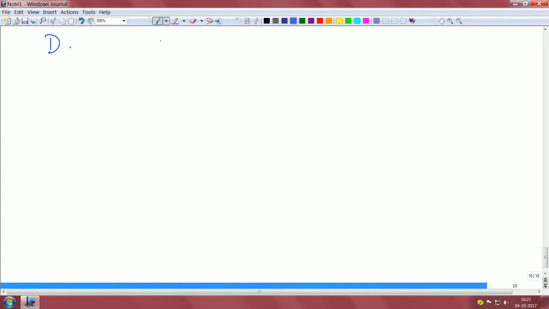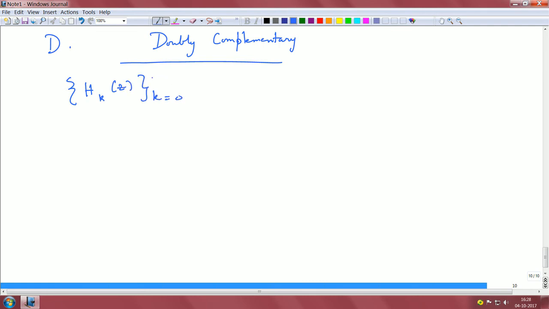We have the last special property, which is doubly complementary filters. Filters satisfying both power complementary and all pass complementary, or double complementary.